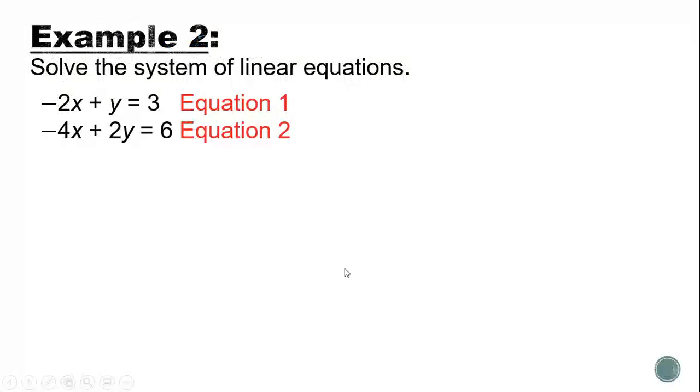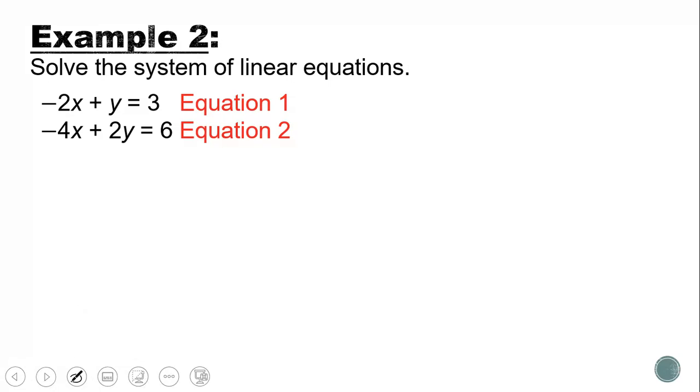Let's keep going. Second example here. Okay, I see in this example, the easiest option here is probably to use elimination. You could solve for y in your top equation, but I'm going to use elimination just so we remember how to use that technique.